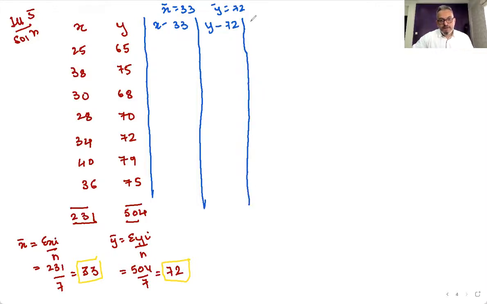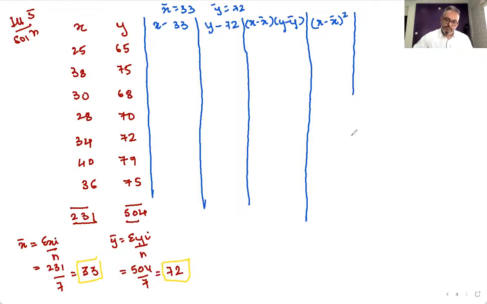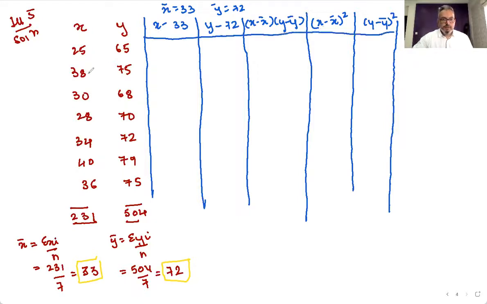Then I will take x minus x bar times y minus y bar, the multiplication of both. Then x minus x bar the whole square, and then y minus y bar the whole square.